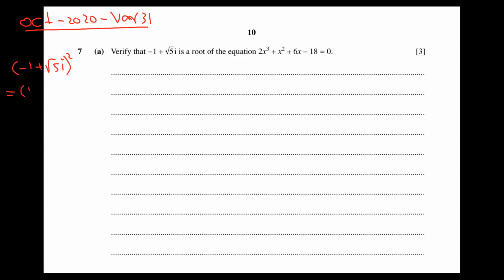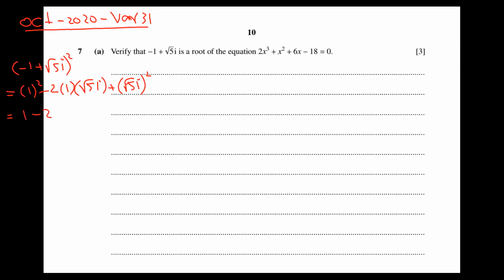So the first term is 1 squared, negative 2 into 1 into root 5 iota, and plus 5 iota whole squared. Whether the negative comes here or here, if any one sign is negative, we use the same formula.